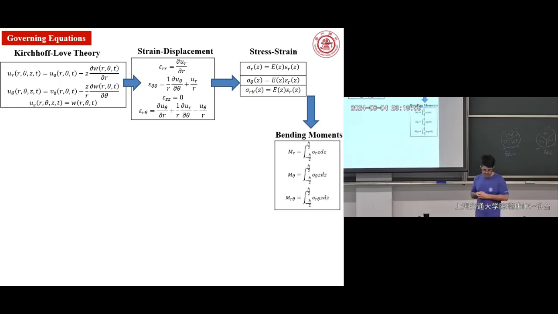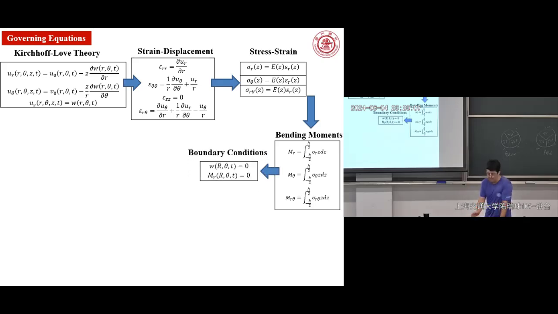So the bending moments are these integrations for Mr, M theta, and Mr theta, and also the boundary condition. I assumed these structures in the housing of the piezoelectric sensor have simply supported connections.